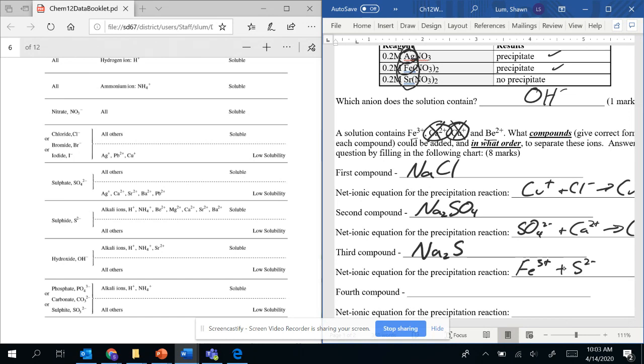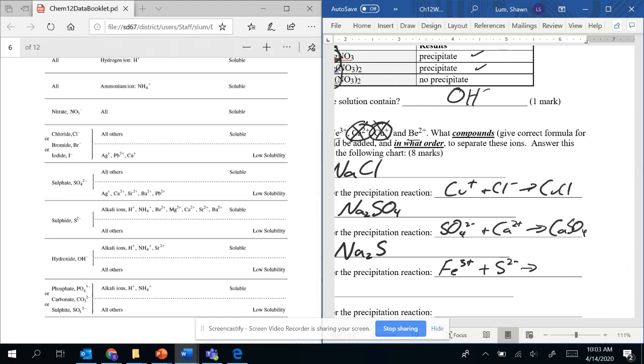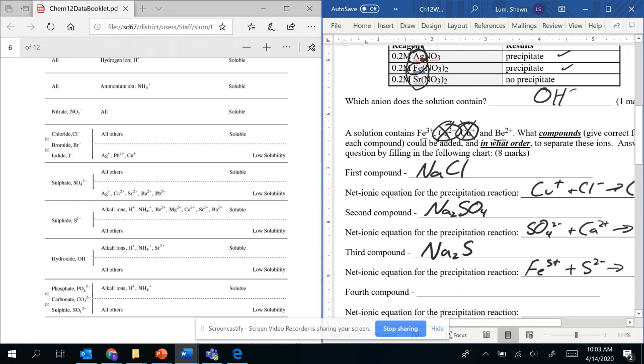As we can see, S2- will not remove the Be, but it will remove the Fe, low solubility. So that'll go Fe swap and drop. Okay, so now we have removed this one right here effectively.